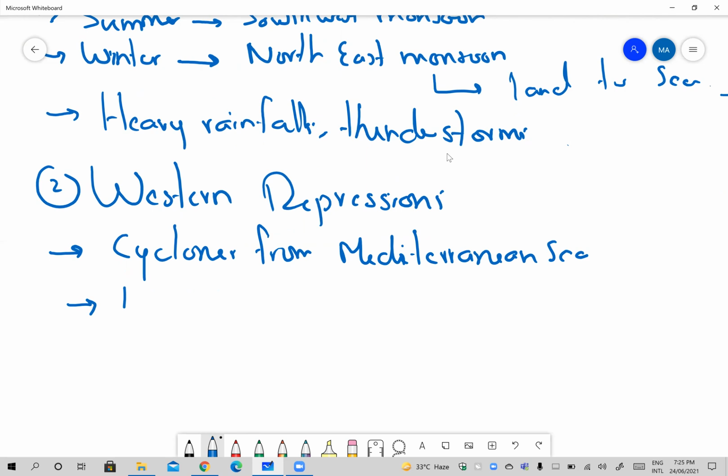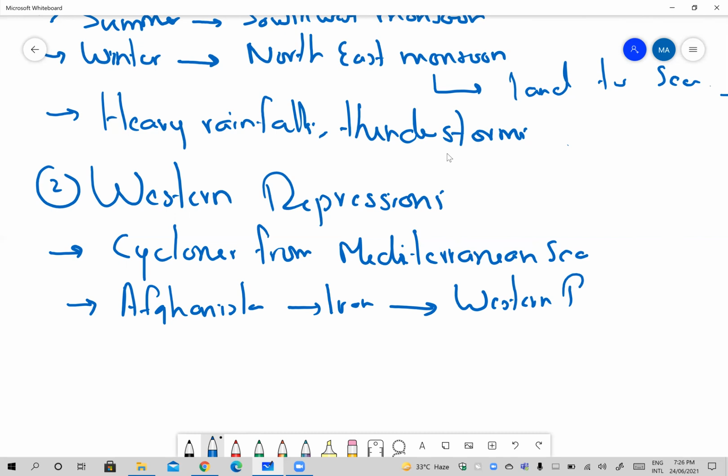They travel from Afghanistan to Iran and then to Western Pakistan. All right, so this is the path of Western depressions.